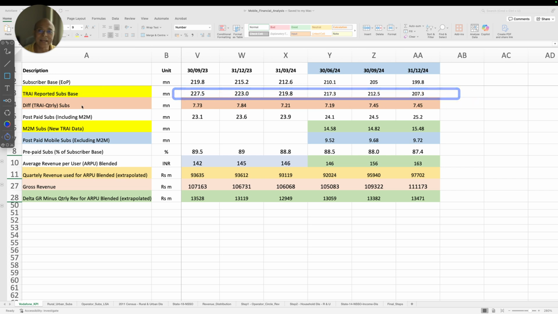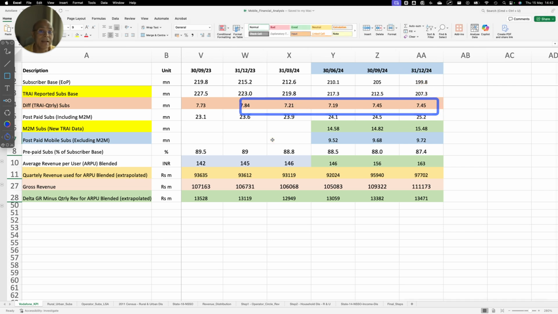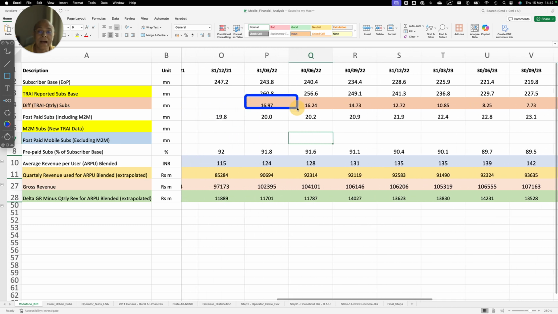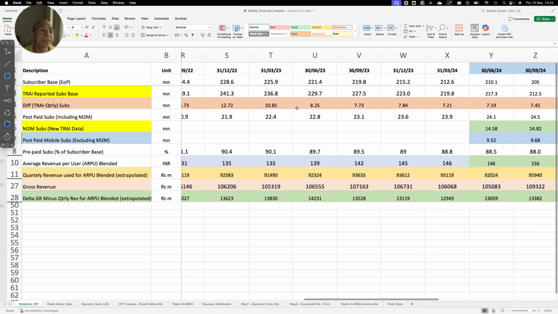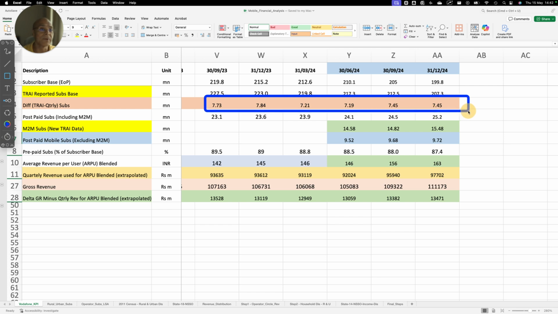So you will see here the difference between the TRAI report and the quarterly subscriber base is positive. And as you go back in time, this number was high. And then slowly, it stabilized to a number which is around 7.73, 7.84. You can see that this number has stabilized.